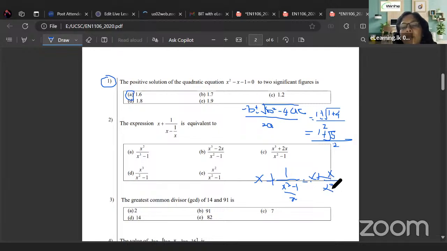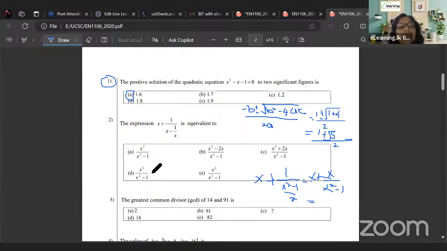Sorry, x squared minus 1. Then when you solve this, the answer will become x cube minus x plus 6.